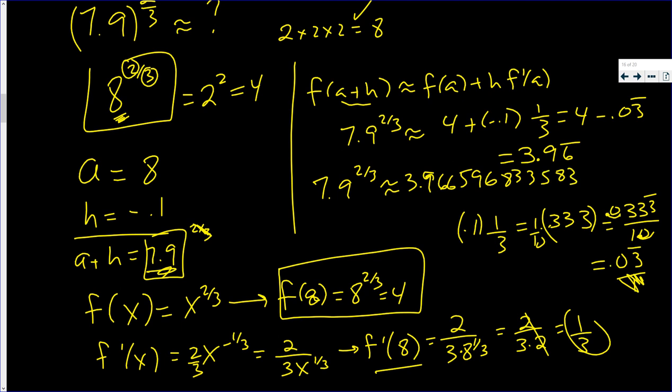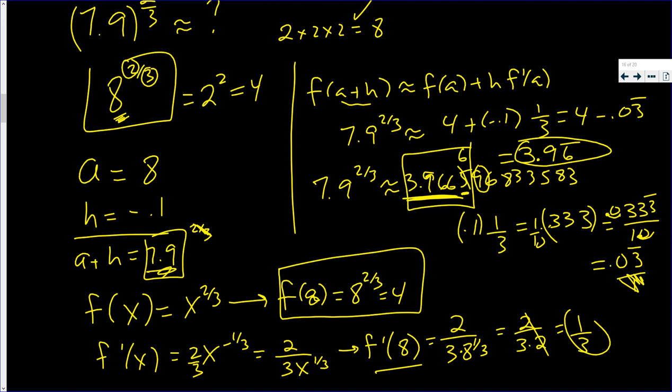Well, I had it up to 3 decimal points, and if I rounded to the 4th one, since that's a 5 and that's over a 5, this would round to a 6. So, I got an amazingly close answer, and that's because h was fairly small.